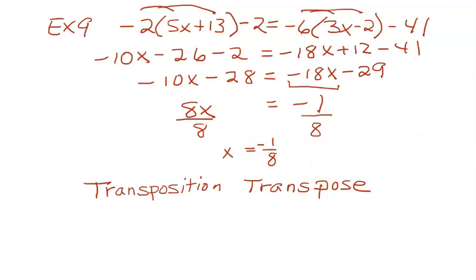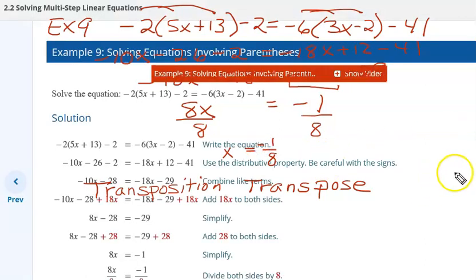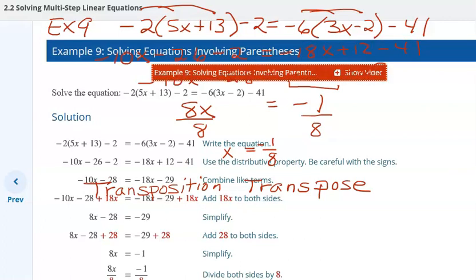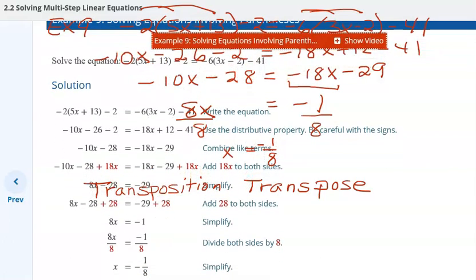And that's our answer. Let's check it out here. There it is. Okay, hopefully some good notes and a shortcut.